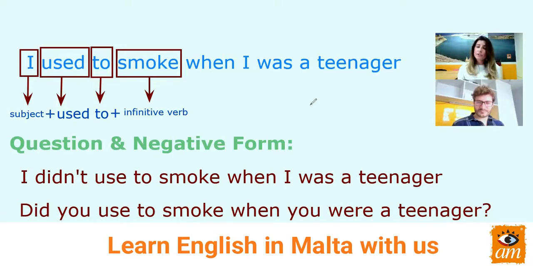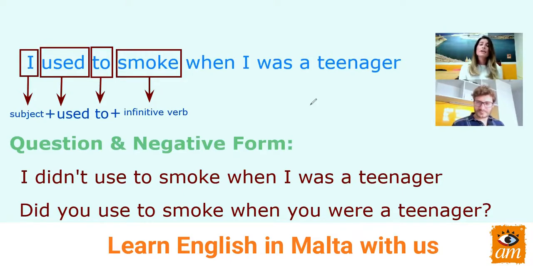Also, something to think about is this. Do you think that this form refers to the past or the present? Does it refer to an action that happened in the past only once? Or is it referring to a repeated action in the past?